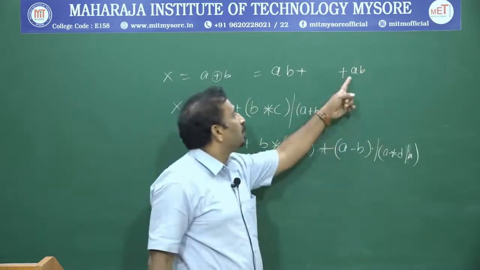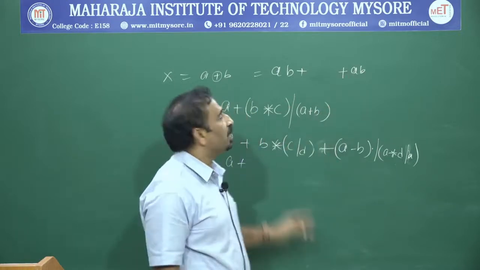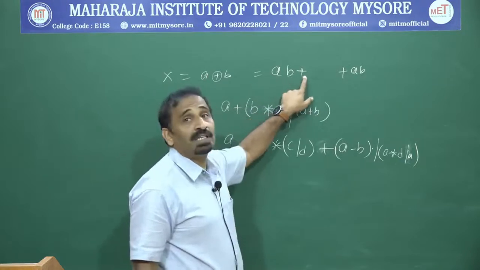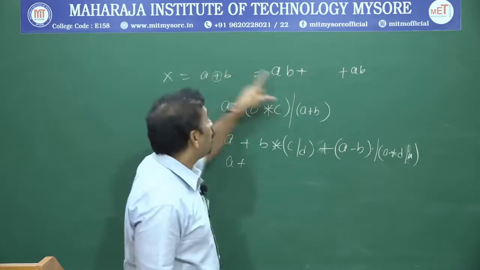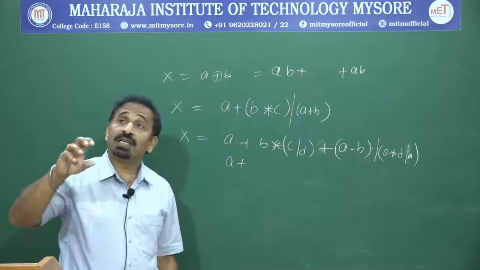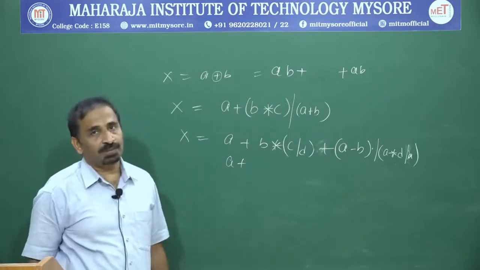So I am doing the addition operation on A and B, something like this. We are familiar with this. Now we are trying to learn how to write the operator after the operands. This is called a postfix expression.